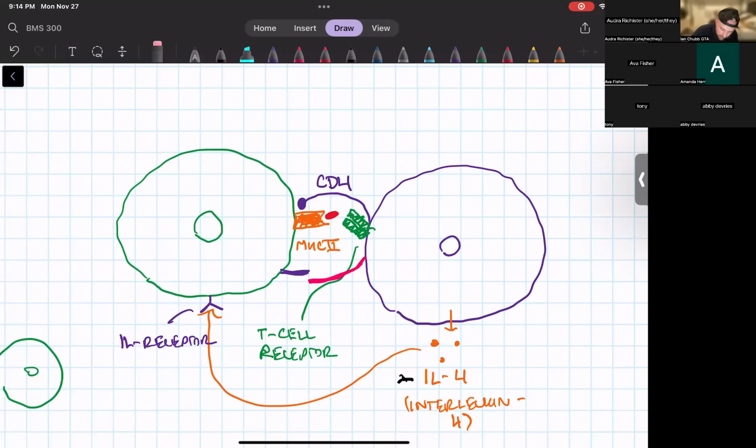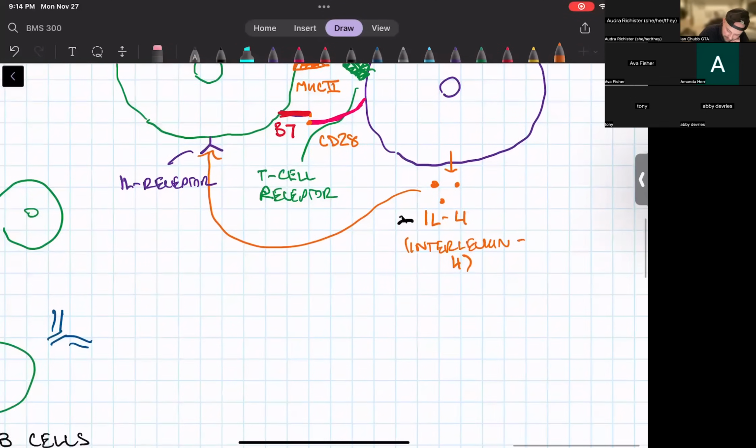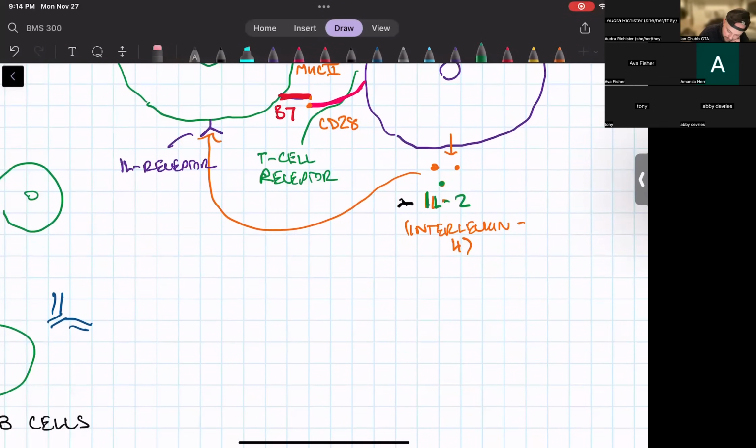So instead of CD40, we're going to have a B7, and then we'll have a CD28 on the B cell. So then these two receptors will interact. And this is going to cause, instead of the release of interleukin 4, the release of interleukin 2. Interleukin 2 will come over and bind to an interleukin receptor.